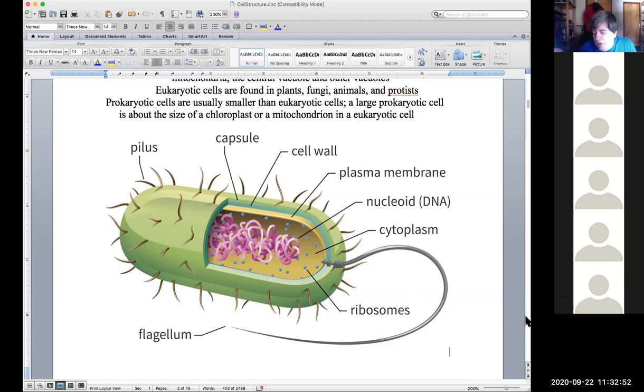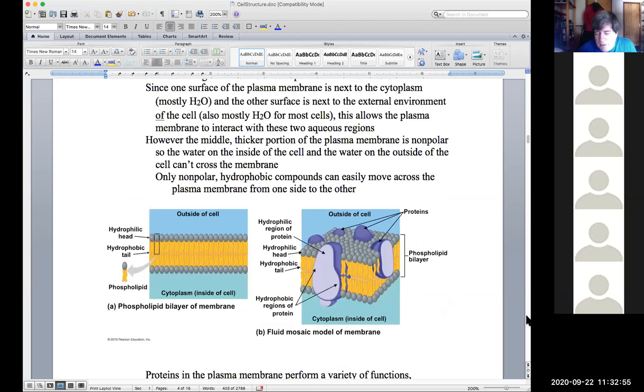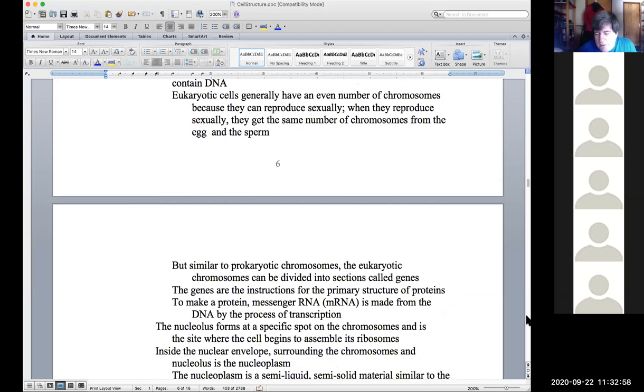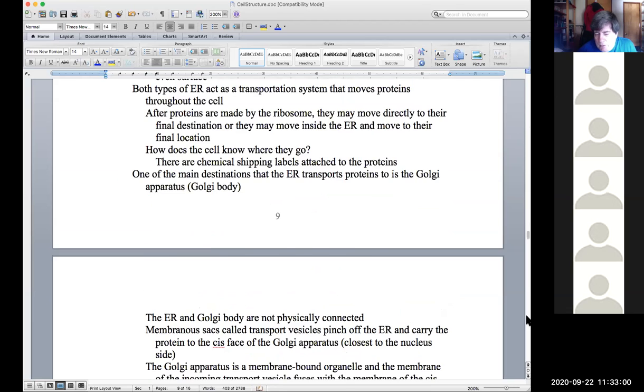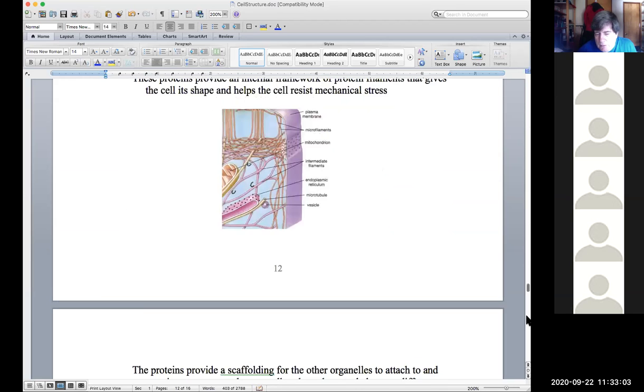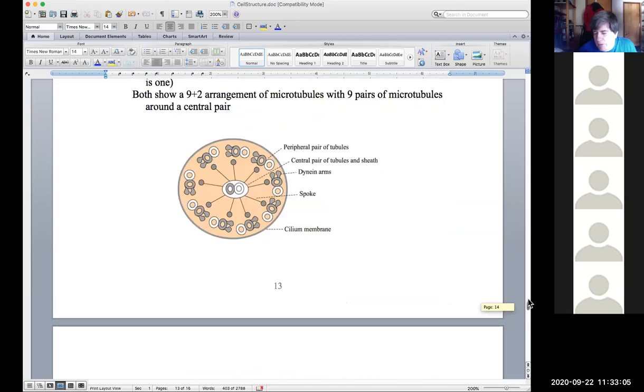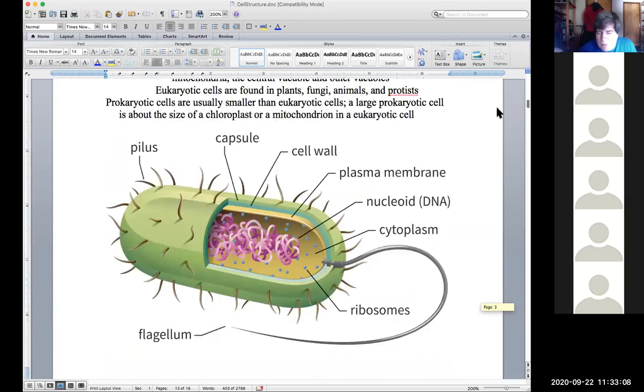So let's go down a little bit. We're going to come back to this drawing in a moment. We'll stay here. Our ribosome is made of two little pieces, and one is bigger than the other. One of the pieces is called the large subunit, and the other is called the small subunit. They're both made from protein and RNA.